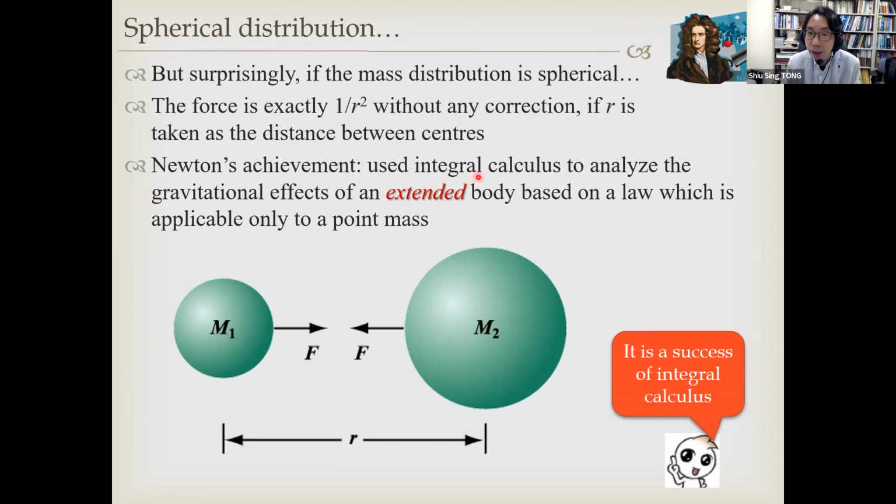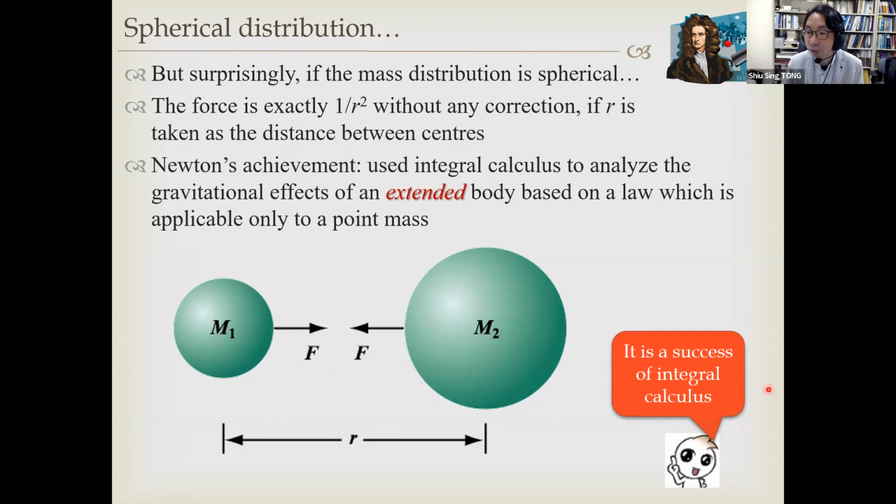Newton actually used integral calculus to analyze the gravitational effect on an extended body based on a law which applies only to point mass. Starting from the point mass formula, he integrates all the point mass pair contributions, and eventually he finds that for a spherical distribution, the 1/r² formula still holds, as long as r is taken as the distance between the centers of the spheres.